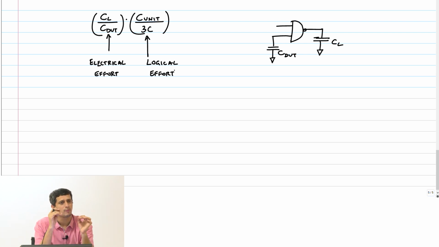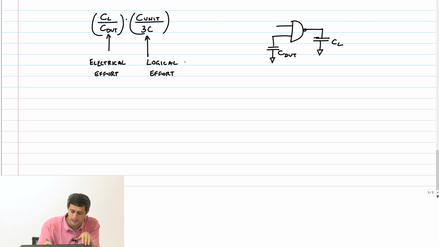If you implement an inverting function, inverter's function, y equal to a bar, then the logical effort is minimum. Anything more than this, you are going to pay a price. What price we will see.